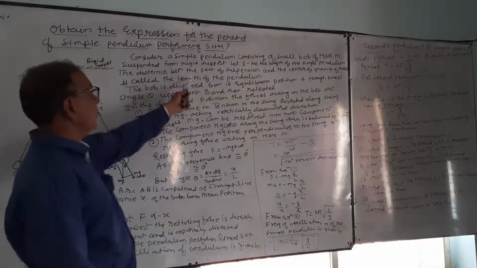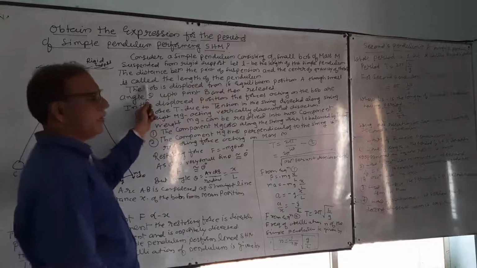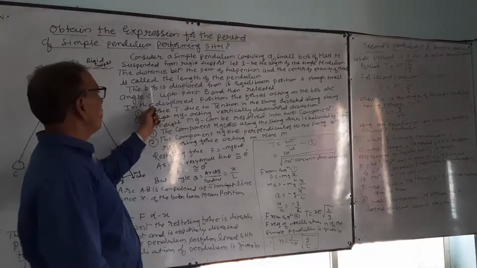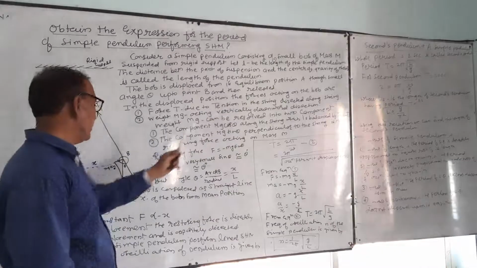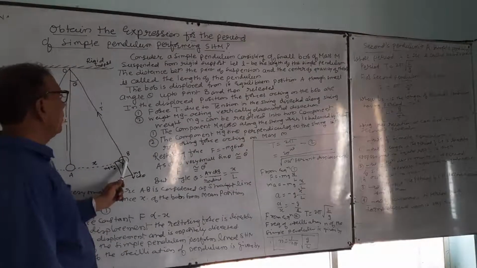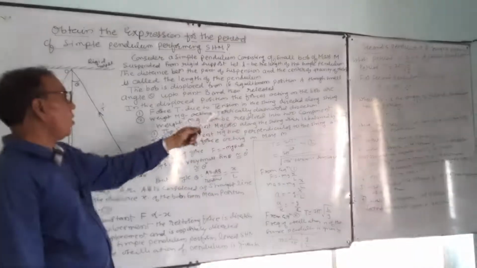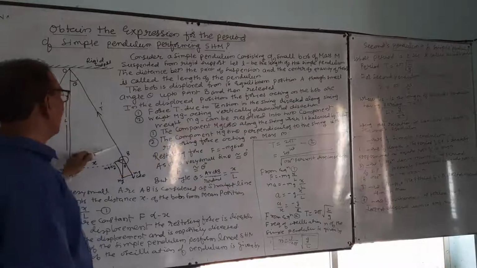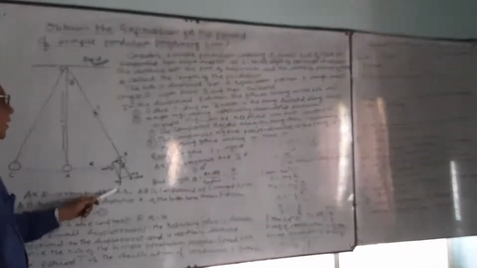The distance between the point of suspension and the center of gravity of the bob is called the length of the pendulum. The bob is displaced from its stable equilibrium position A through a small angle theta up to point B. In the displaced position, the forces acting on the bob are the force T due to the tension in the string directed along the string, and the weight mg acting vertically downward.